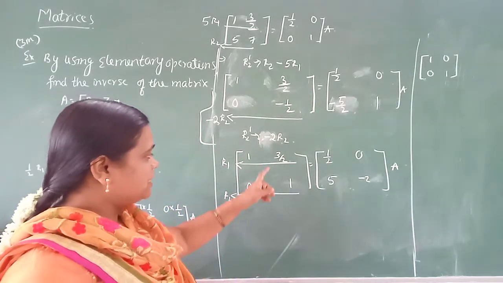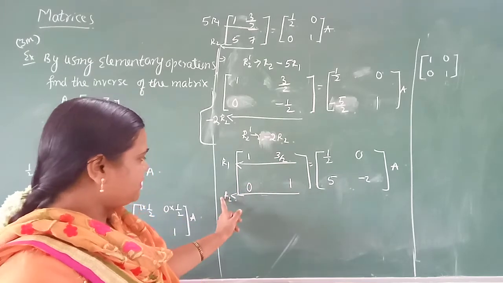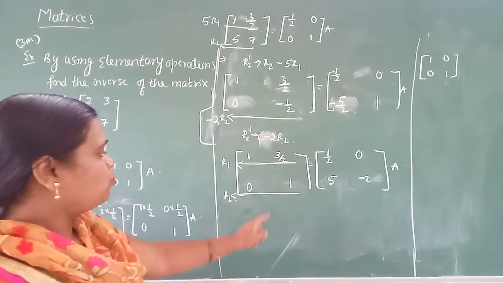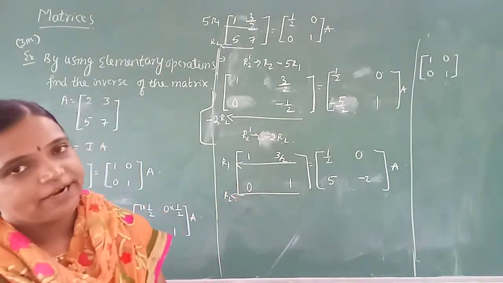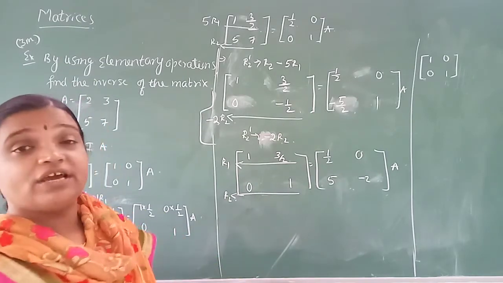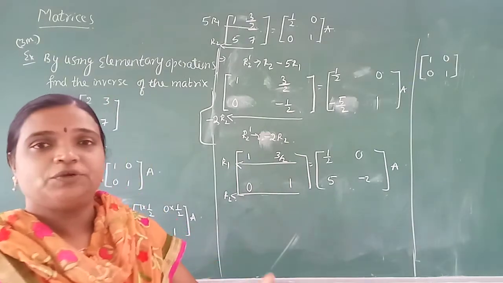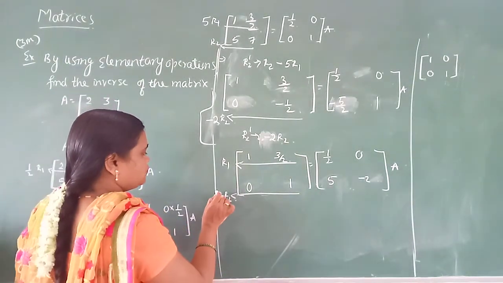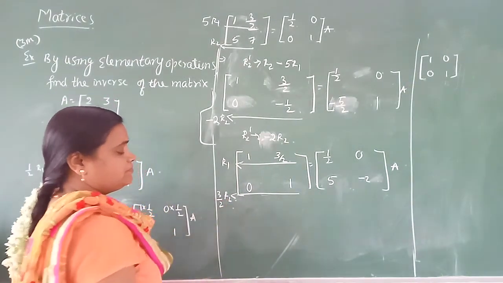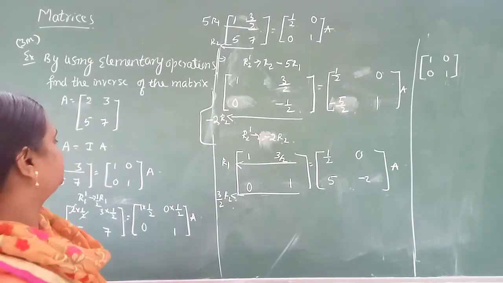If I multiply 3 by 2, the same element by R2, 1 into 3 by 2, what will we get? 3 by 2 only. But which sign are we using? Negative sign, because we get 3 by 2 minus 3 by 2. Therefore, we can write this as multiply 3 by 2.